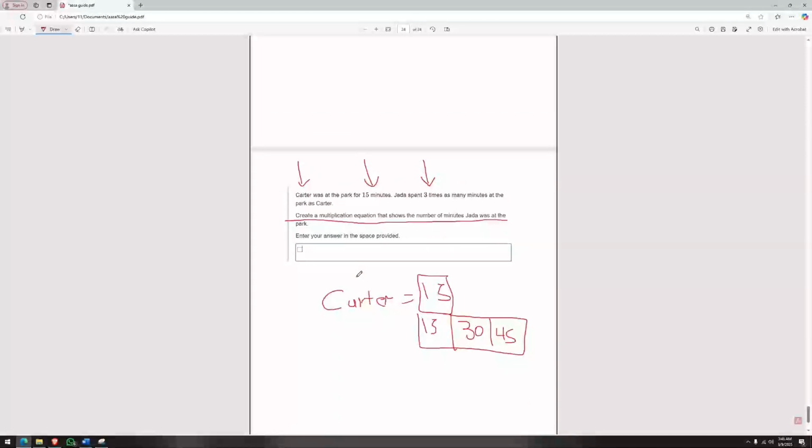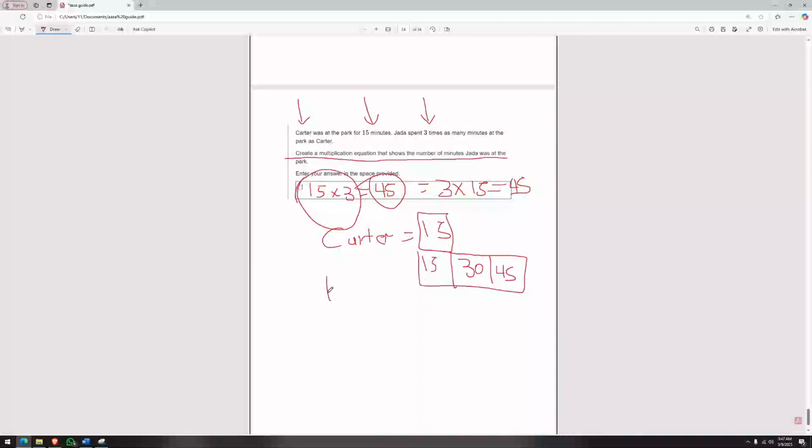Entonces, how we can create the multiplication equation? So it will be 15 times 3 equals to 45. You have to type the answer and the multiplication equation. Or can be 3 times 15 equals to 45.